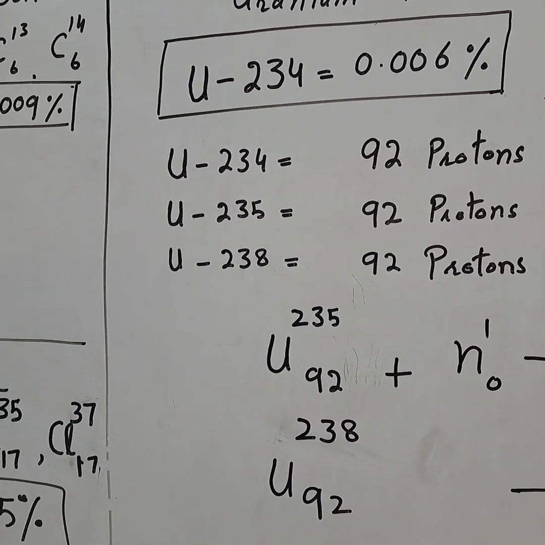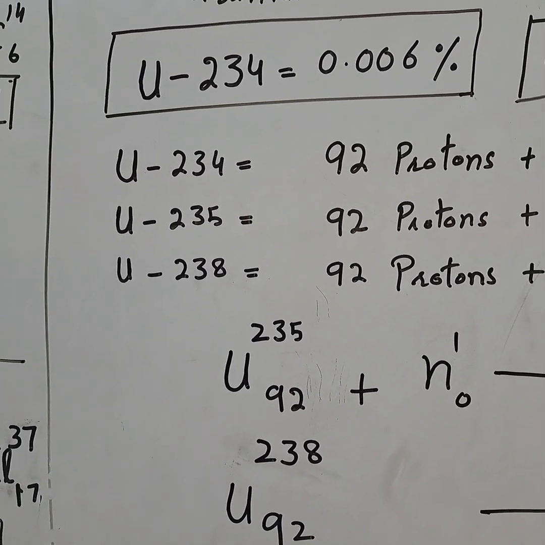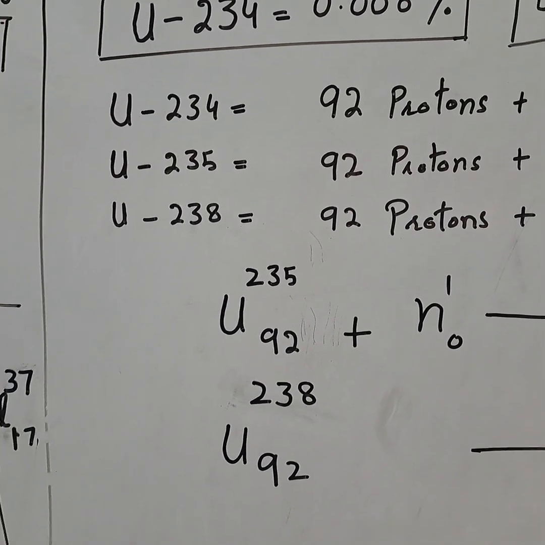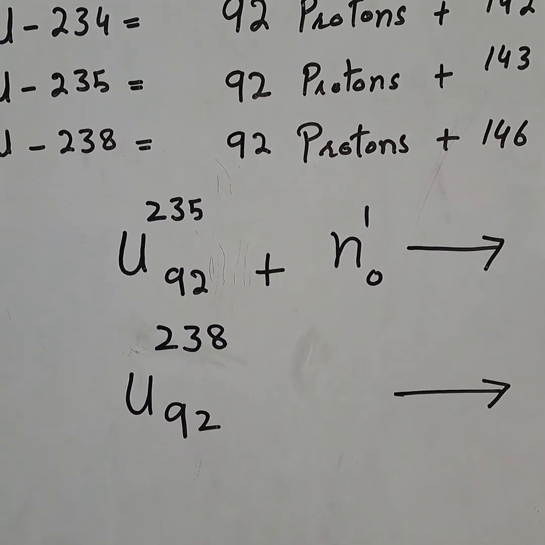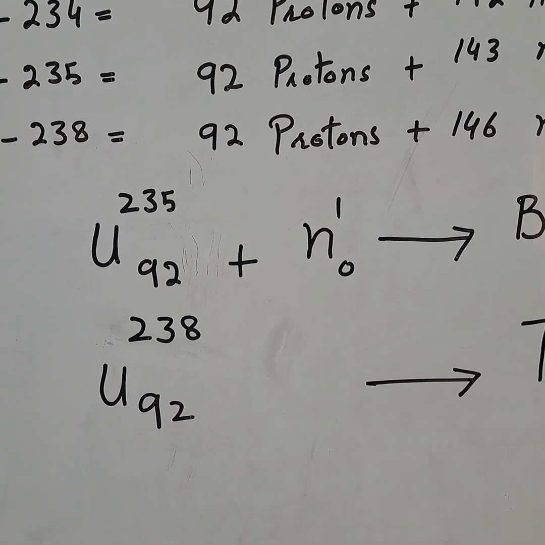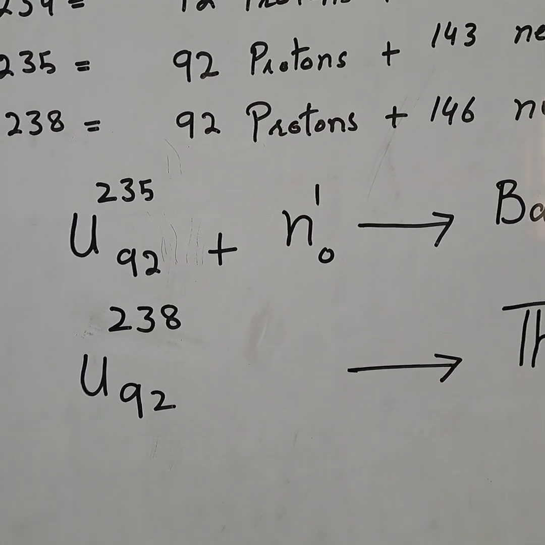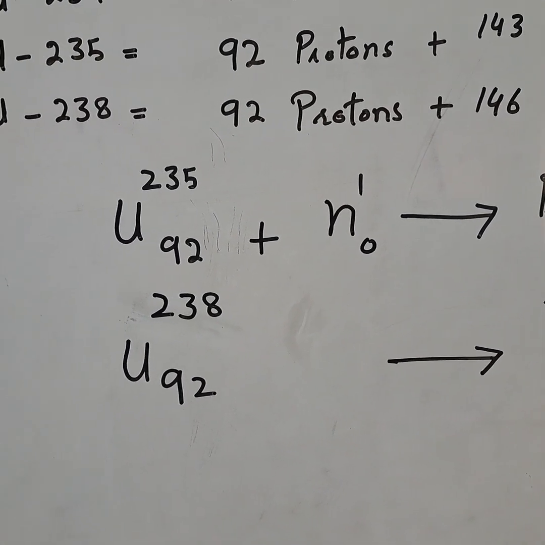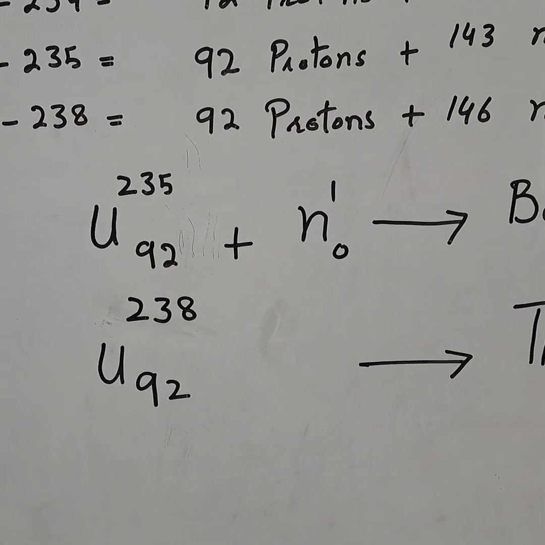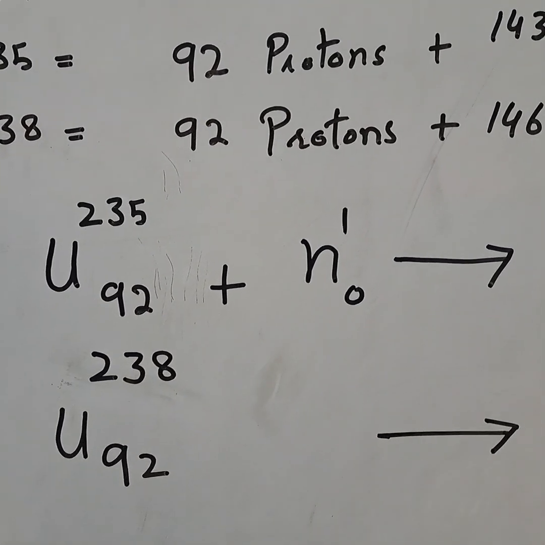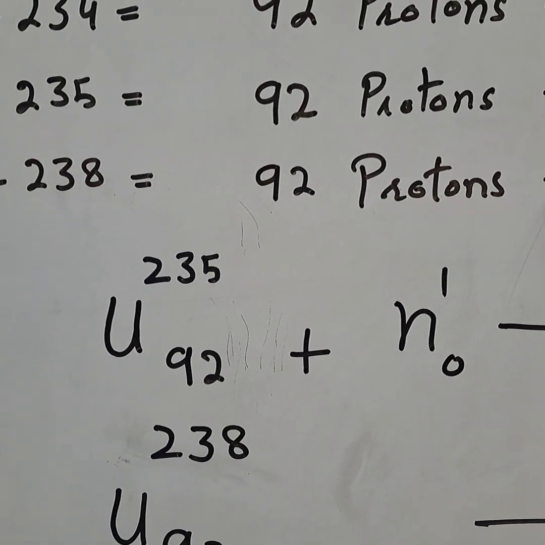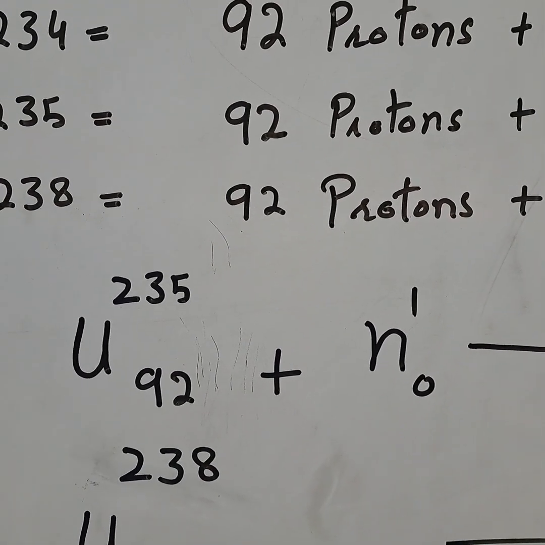Uranium 234 is used to make nuclear weapons, while uranium 235 and uranium 238 have their role in energy production or power generation. So let us see the decay of uranium 235.